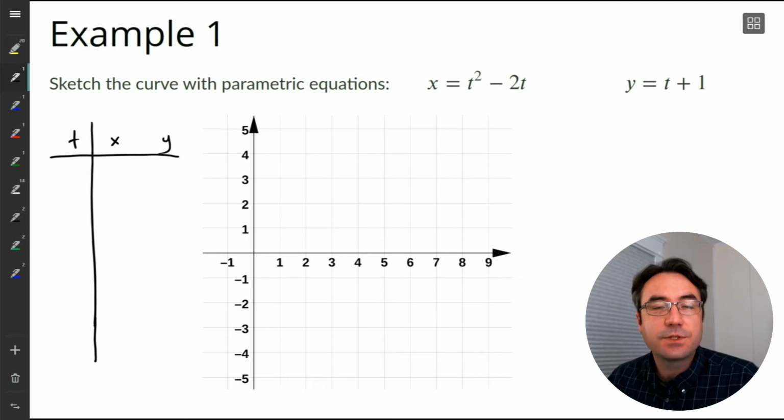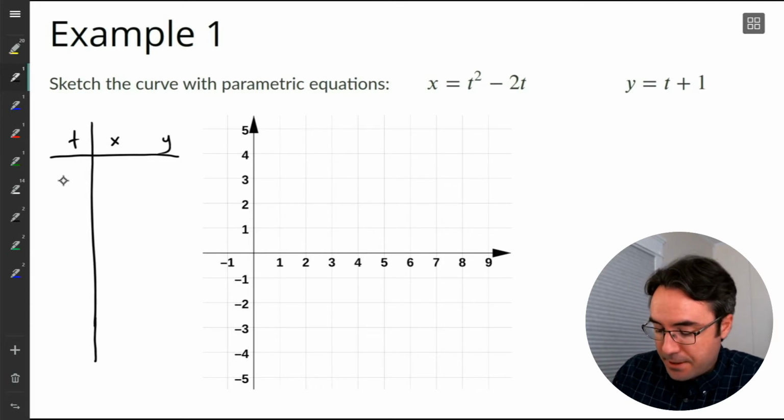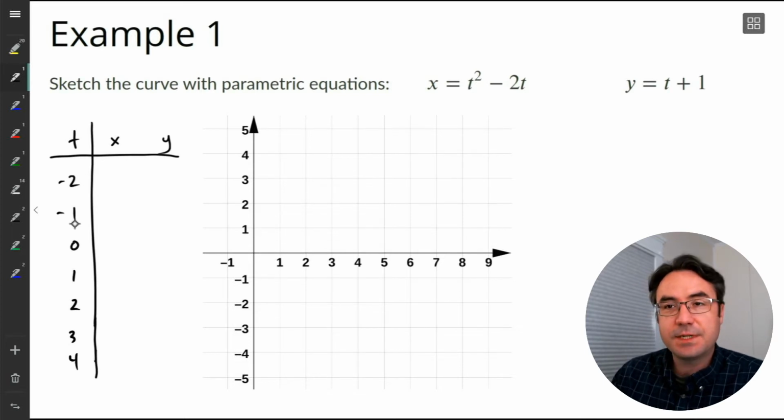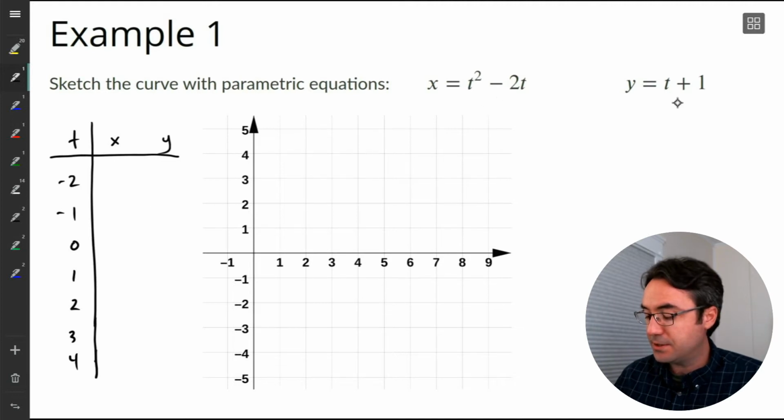But let's go for some nice integer values as a starting point. So let's do -2, -1, 0, 1, 2, 3, 4. These are different time values that we're going to plug into our two equations to see what our x position and y position are.